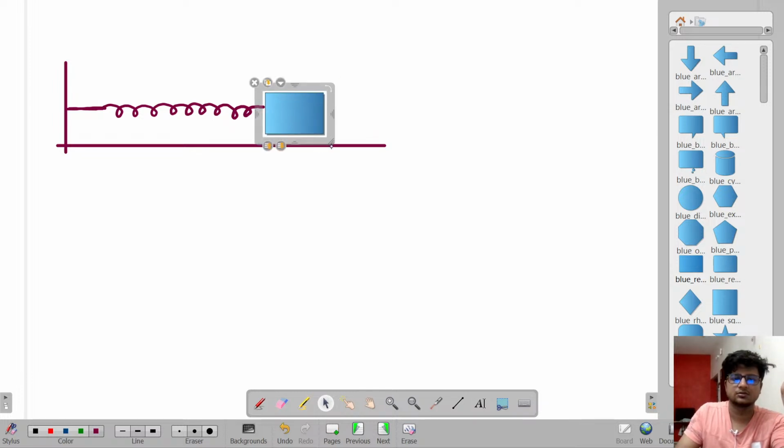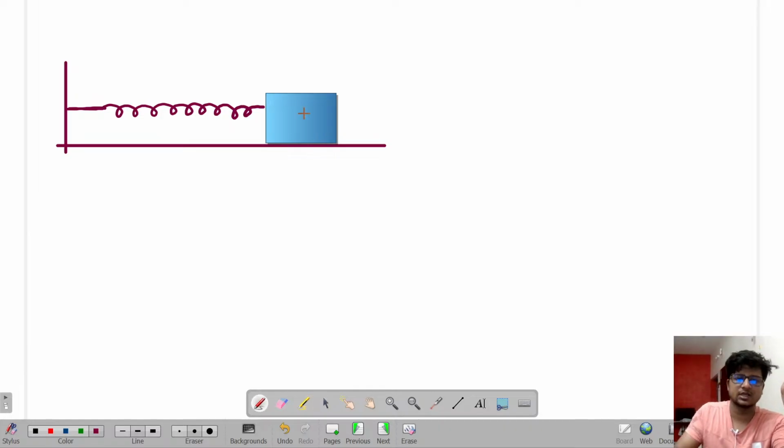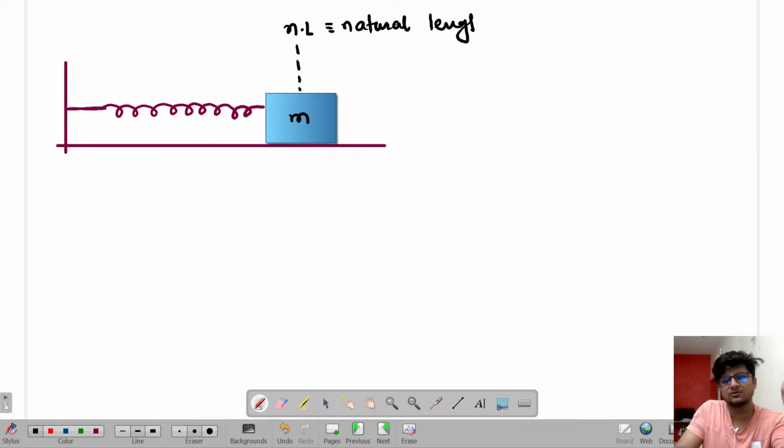Wait a minute. Let's suppose there is a block attached to a spring and this has a mass m, and imagining that this is its natural length condition. NL means, I call this word NL as natural length. Okay.